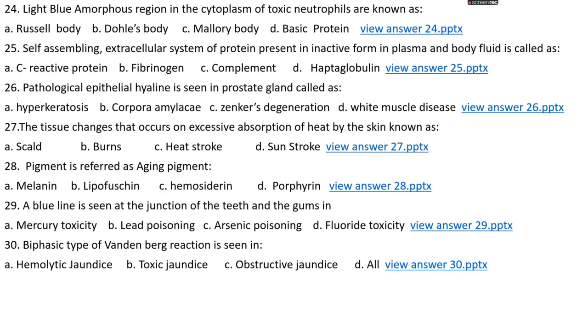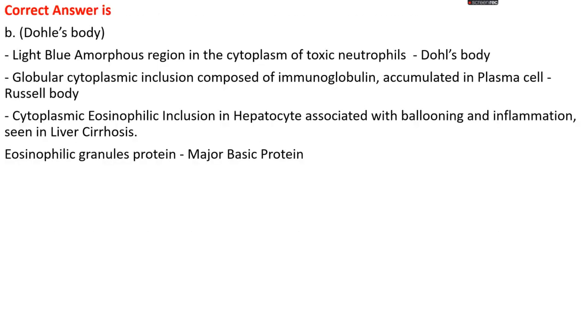Question number 24. Light blue amorphous regions in the cytoplasm of toxic neutrophils are known as option A, Russell body, option B, Dohle body, option C, Mallory body, option D, major basic protein. The right answer is option B, that is Dohle body. Light blue amorphous regions in the cytoplasm of toxic neutrophils are known as Dohle bodies. Russell body is a globular cytoplasmic inclusion mainly composed of immunoglobulin that accumulates mainly in plasma cells.